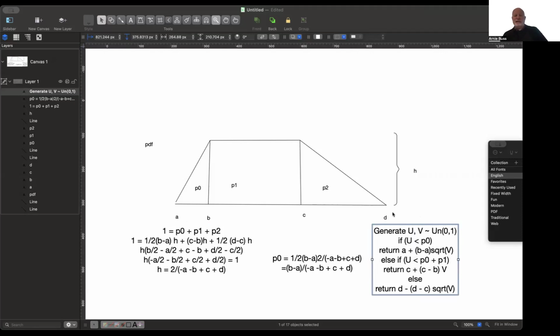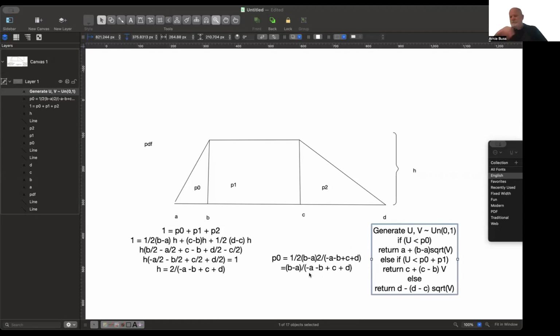There are some constraints on it. Obviously, is it clear what the constraint is? That this quantity had better be positive. As long as this quantity is positive, then we're good. So there are going to be sets of parameters that aren't going to work just because you can't create a genuine PDF from that.